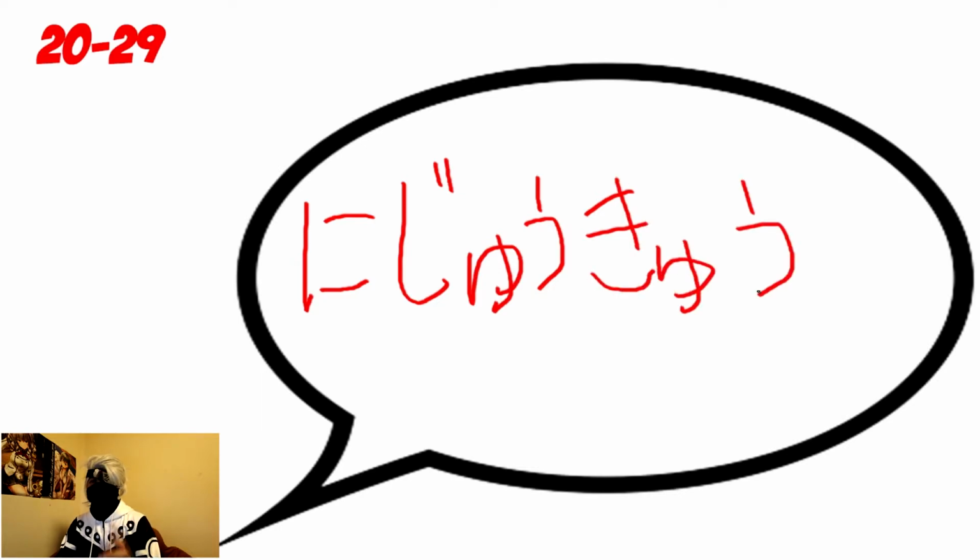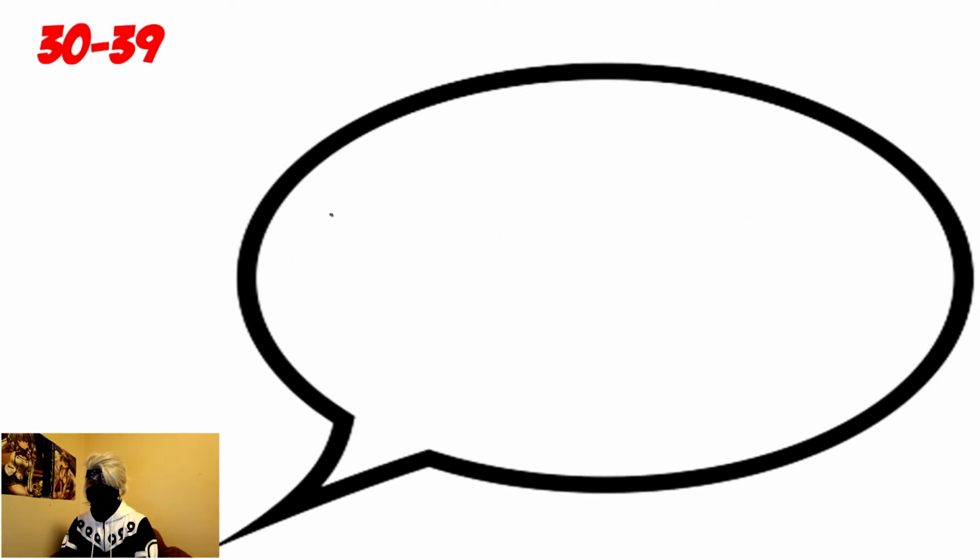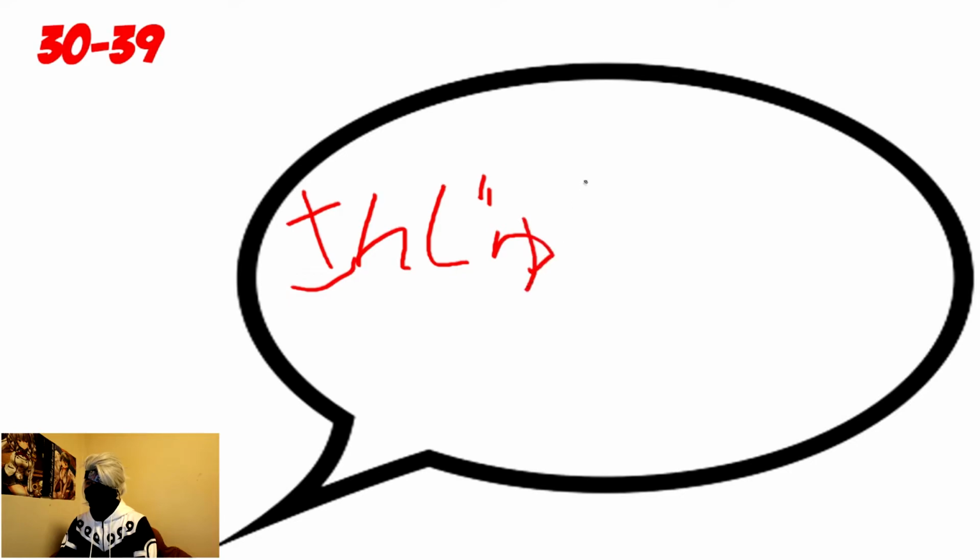Like 20, you just have to change ni to san to become sanju. That's 30. And you just have to add ichi. San ju ichi, 31. San ju ni, 32. San ju san, 33, and so on and so forth.